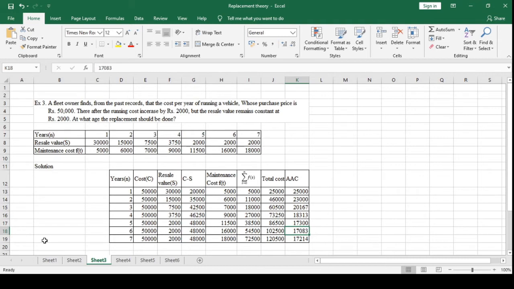So it is clear that if the cost increases after certain years, then we need to replace that machine. So when will we replace the machine? That is at the end of the sixth year.